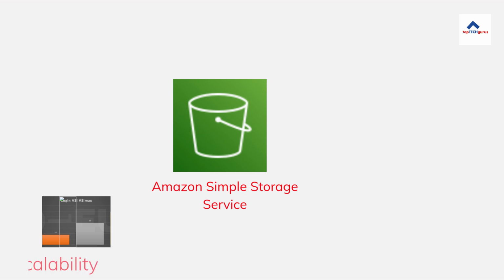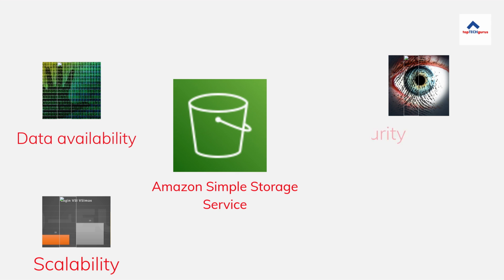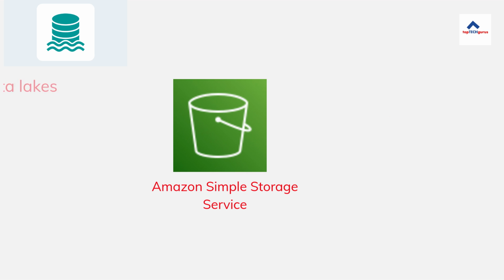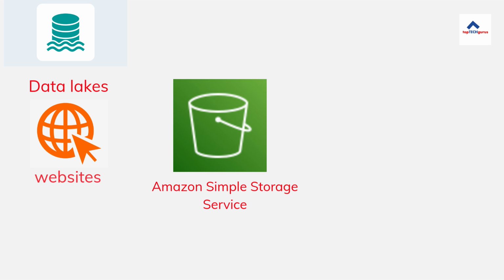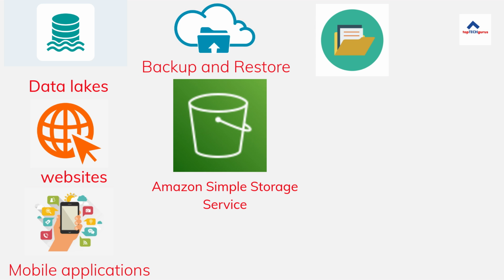Amazon S3 is an object storage service. What makes it industry leading is the level of its scalability, data availability, security, and performance. Customers of all sizes and industries can use Amazon S3 to store and protect any amount of data for a range of use cases like data lakes, websites, mobile applications, backup and restore, archive, enterprise applications, IoT devices, and big data analytics.